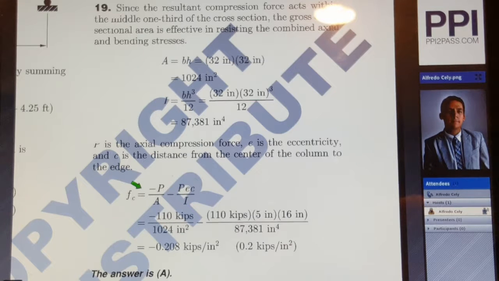And then because this is acting off-center of the column, we need to add this additional factor that increases the stress, which is the force times the eccentricity times the distance from the center of the column.